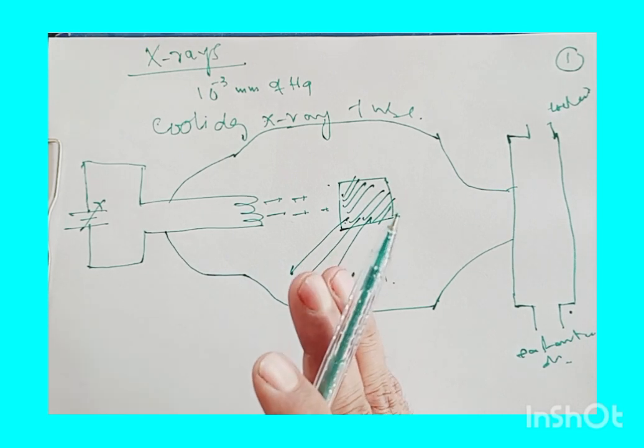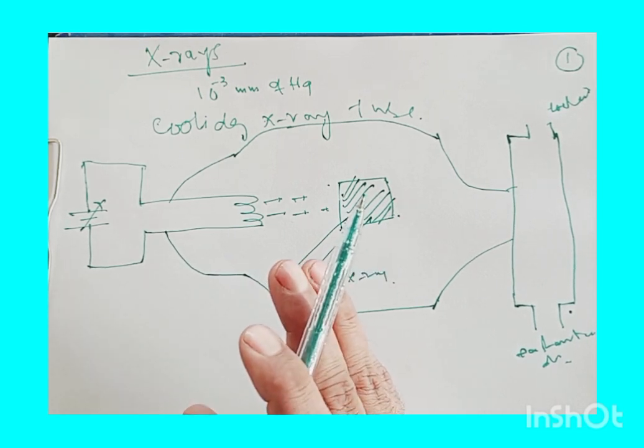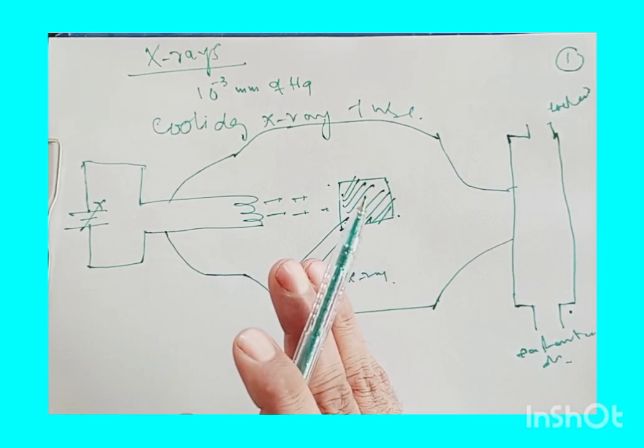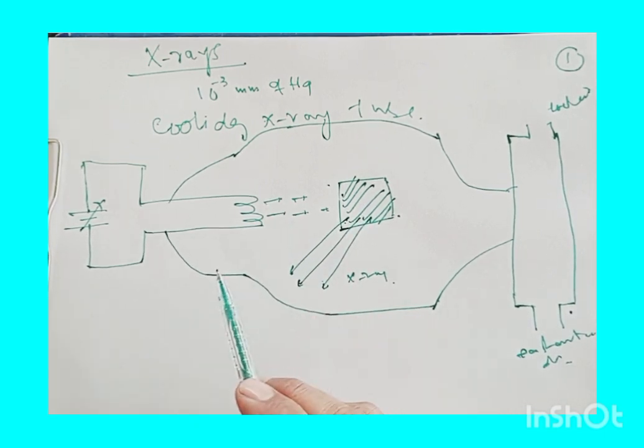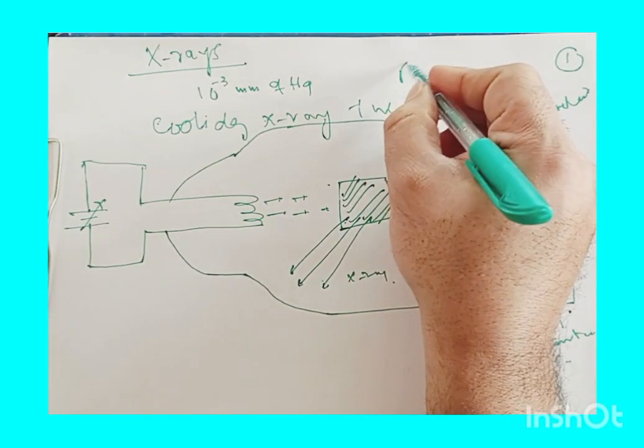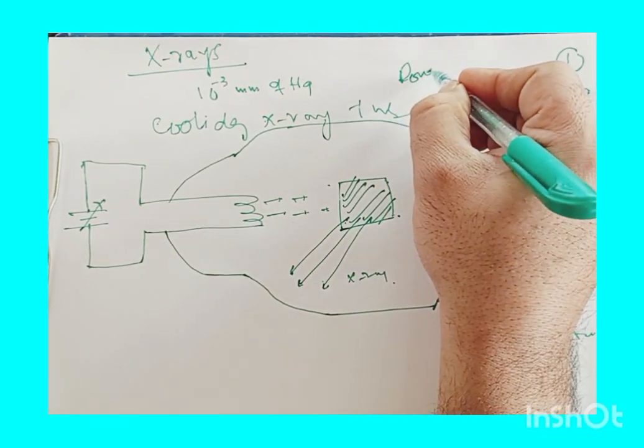A yellowish glow was observed. Now, after performing a series of experiments, it was Rontgen basically.